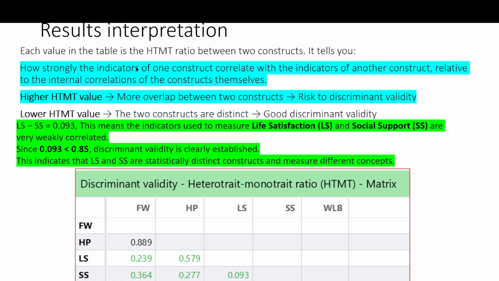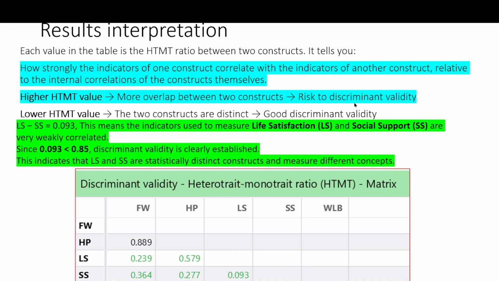Now, how can we interpret the results? Each value in the table is the HTMT ratio between two constructs. It tells you how strongly the indicators of one construct correlate with the indicators of another construct relative to the internal correlation of the constructs themselves. A higher HTMT value means more overlap between two constructs and a risk to discriminant validity.